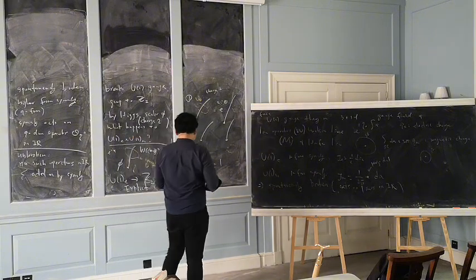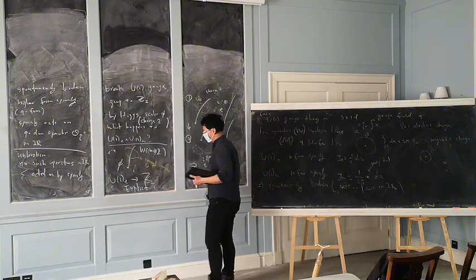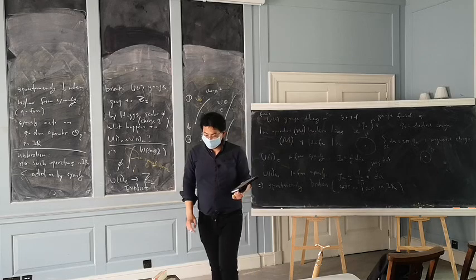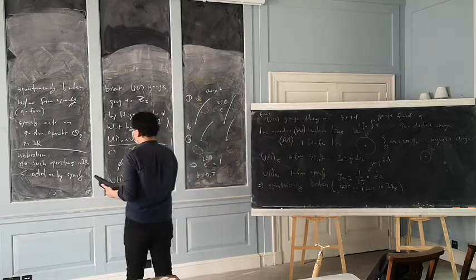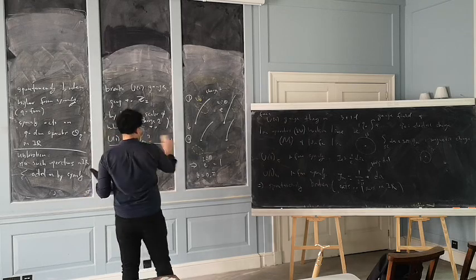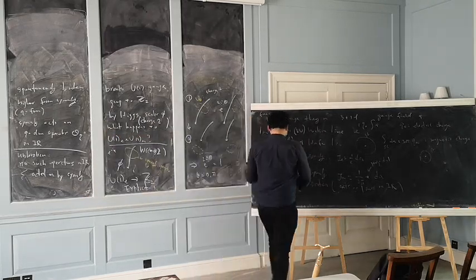Okay, so this is for the electric one-form symmetry. Now we can ask what happens for the magnetic one-form symmetry. Let me erase this.